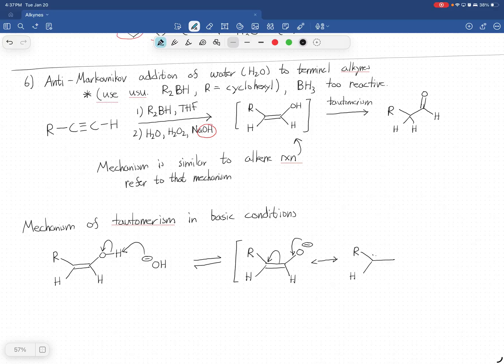Well, when carbon has a lone pair and a negative charge, it's not very stable. So it's actually going to want to find a willing atom to accept its electrons.